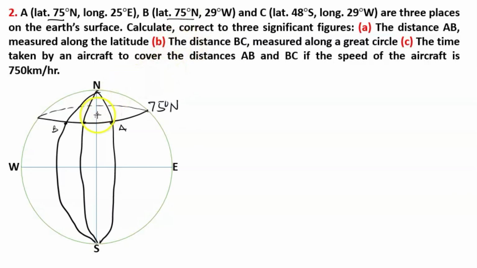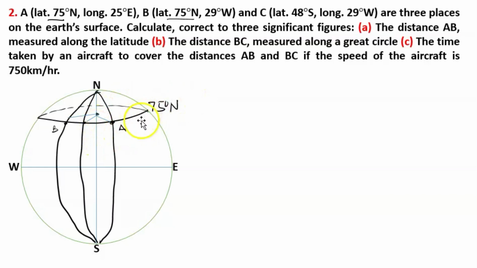So from here we have a line to this point. We also have another one from here to here. We have another one from this point to this point. So you see, you join this point this way.